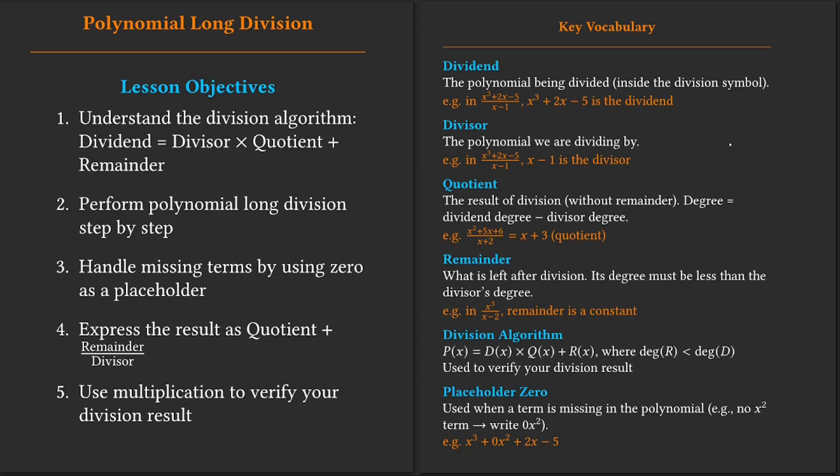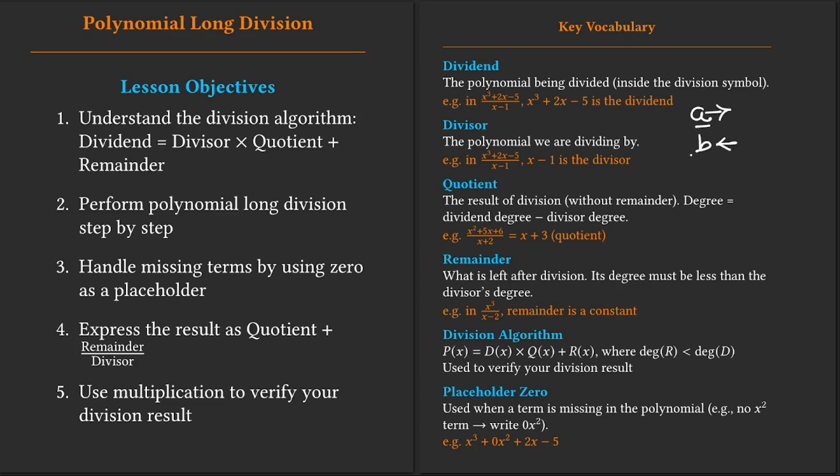So for this example we have over here, which says x cubed plus 2x minus 5 divided by x minus 1. This is what we are dividing. So that becomes our dividend. Then what we are dividing by, so if we have a over b, we are dividing this by this.